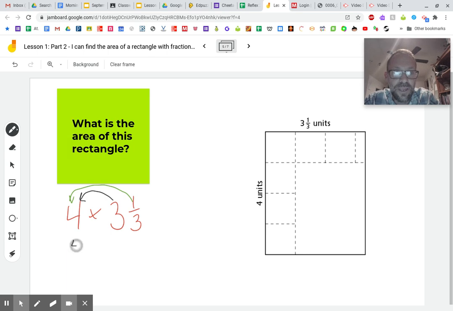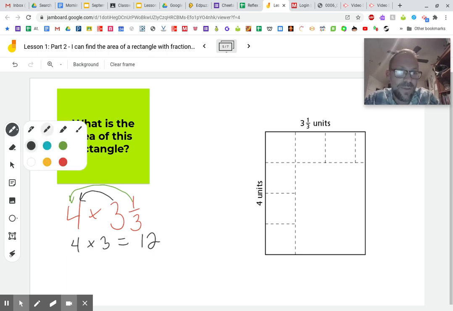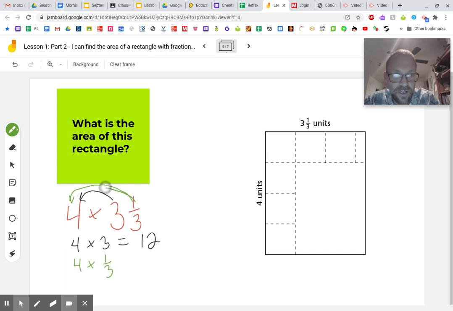4 times 3, that equals 12. And now we get to the tricky part. The 4 times 1/3, this part here. And that's the tricky part. So we already did this outright as repeated addition.